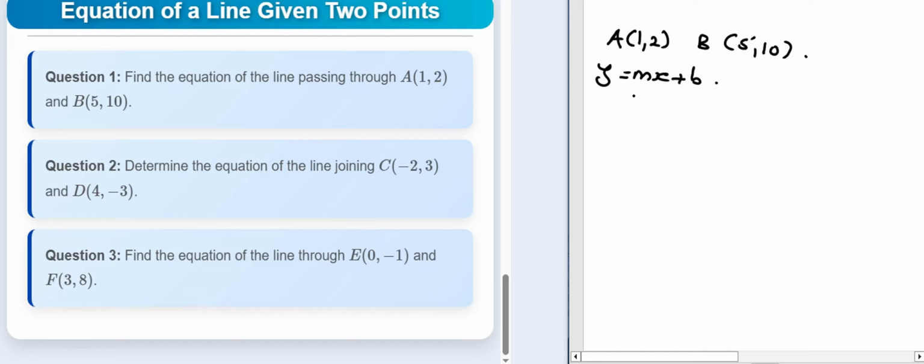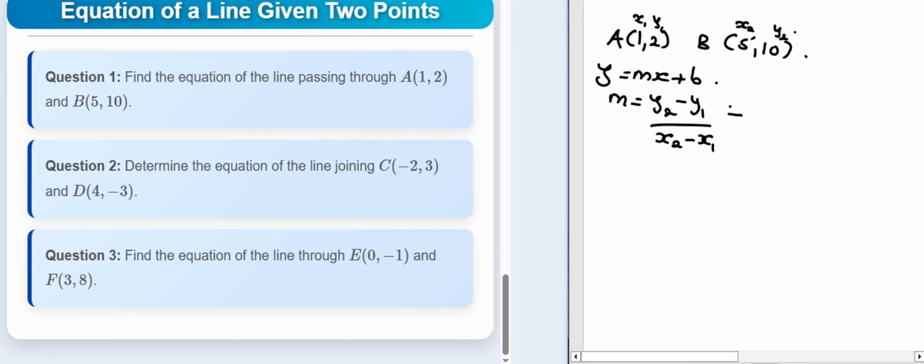In this case, I will start by finding the gradient, which is given by change in y divided by change in x. Here, our x1 is this one, y1 is this one, x2 is this one, and y2 is this one.